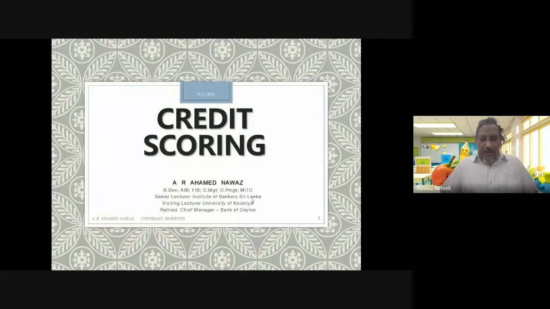Now we are going to discuss the tools available for credit investigation, external and internal tools, more technical tools. Credit scoring and credit rating are the technical tools that can be used for credit investigation.